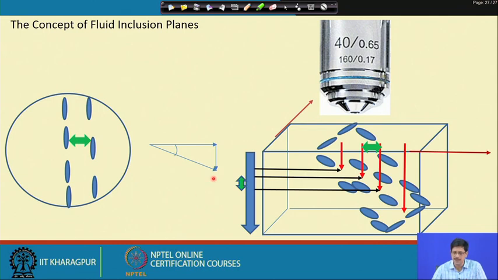And not only that, once the oriented sample has been collected from the field, the sectioning also has to be done in such a way that the surface of the section is very well referenced with respect to whatever planar elements we are interested in.